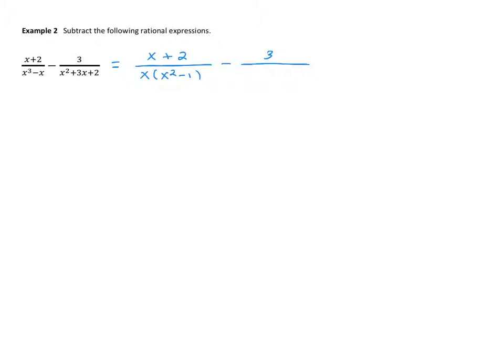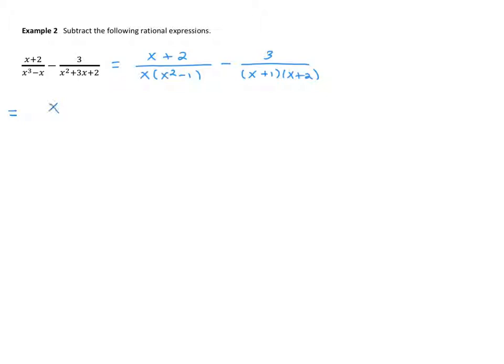Okay, x squared plus 3x plus 2, that is x plus 1 and x plus 2. Product is 2, the sum is 3. I still can't see what the least common denominator is, but that's only because I have a potential factor coming from this x squared minus 1. So I don't know if there's any common factors yet, because this is not completely factored. Let's take it one step further.